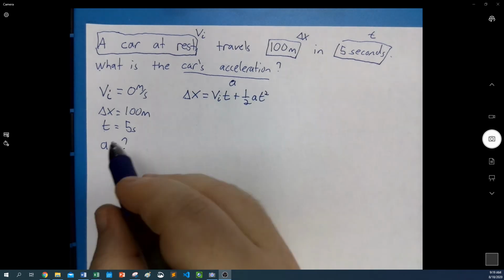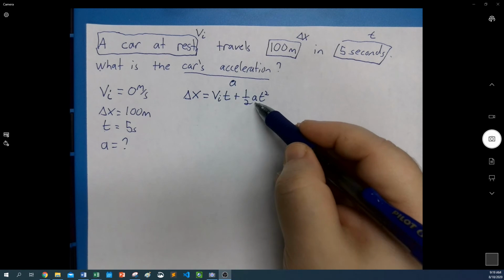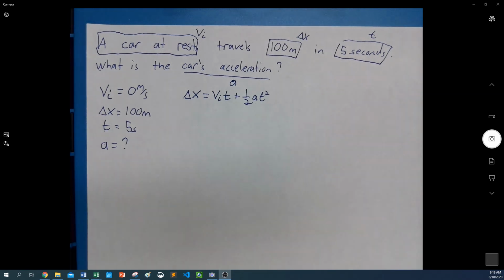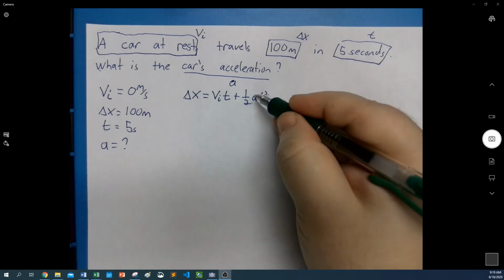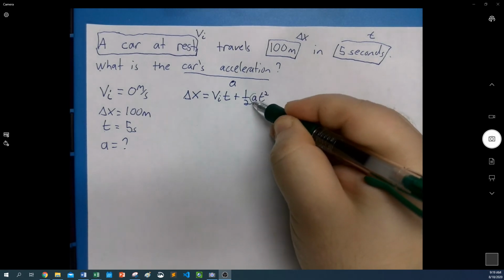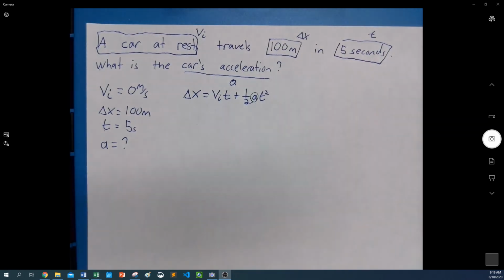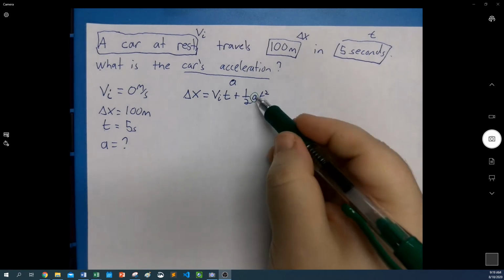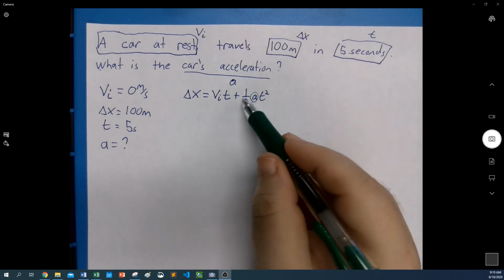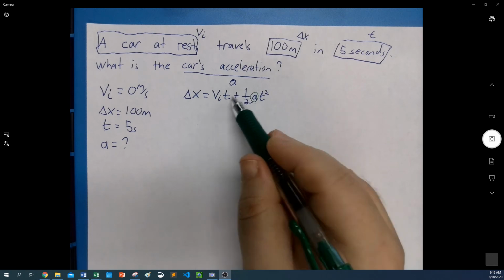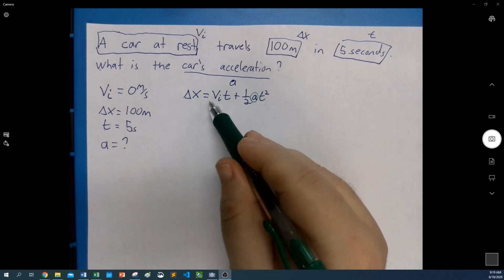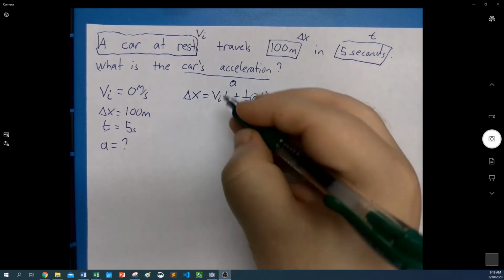We're trying to solve for acceleration. Guess what we have to do? Algebra. So we are trying to solve for A. In order to get A by itself, we need to look at other terms. We need to get rid of this term because it's on the same side as A first.